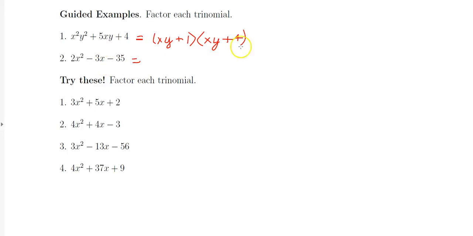Now in the second example, I'm going to do some side work. If I take 2 times negative 35, I get negative 70. And I want factors of negative 70 that have a difference of 3. So if I take 7 times 10, I get 70.